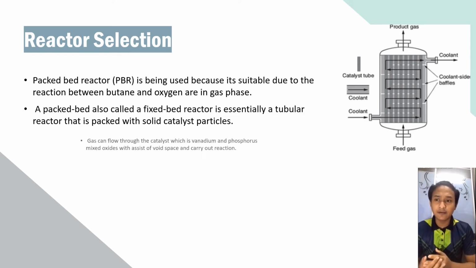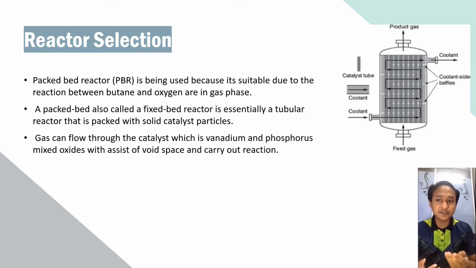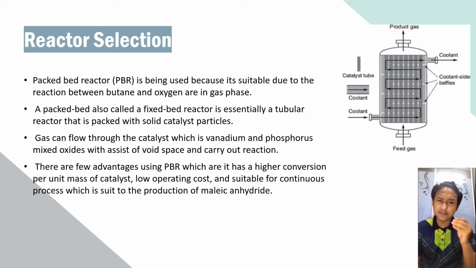In our project, vanadium and phosphorus mixed oxides are used because they give access to void space and carry out the reaction. There are a few advantages of using a PBR: it has a higher conversion per unit mass of catalyst, low operating cost, and is suitable for a continuous process, which is gas flow.